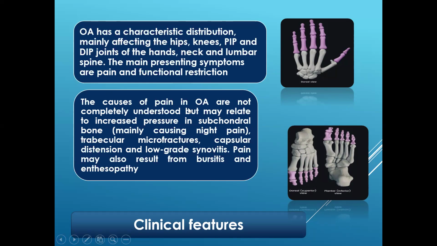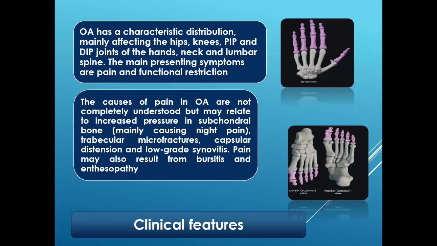The cause of the pain in osteoarthritis is not completely understood, but findings suggest that it's due to increased pressure in the subchondral bone, mainly causing night pain. Another reason for the pain is trabecular microfractures. Remember, the surface is already damaged. They are no longer smooth movements.